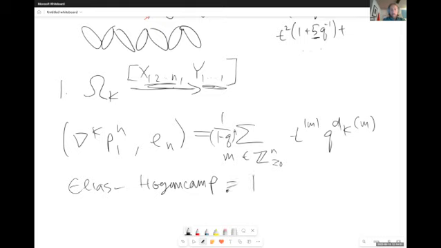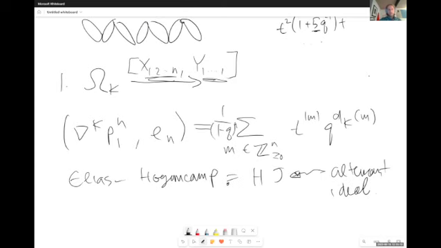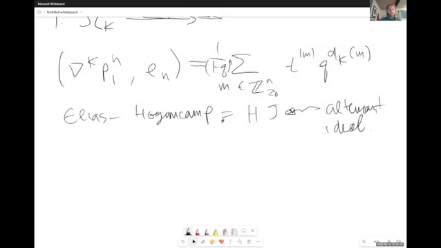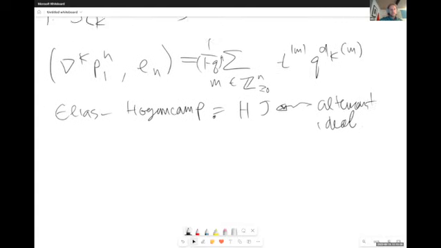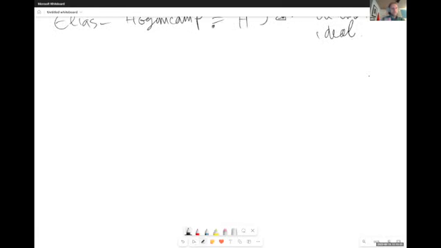It's also equal to the Hilbert series of Haiman's alternating ideal, which is generated by the diagonally anti-invariant symmetric functions over 2n variables. So that's one specialization: what this thing turns into is the well-known formula of Elias and Hogancamp.